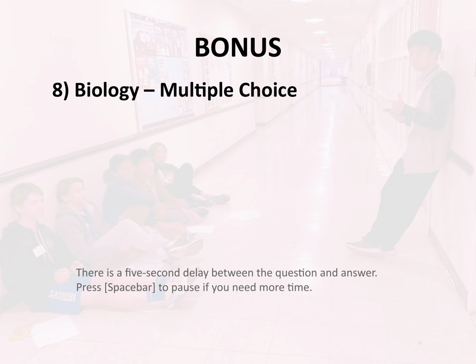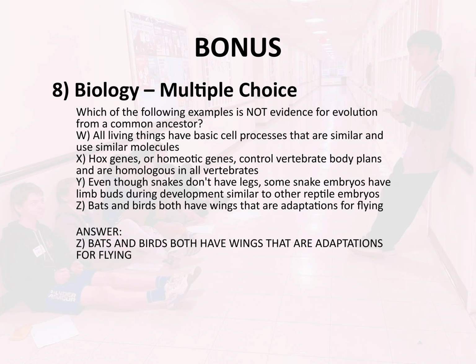Y. Even though snakes don't have legs, some snake embryos have limb buds during development similar to other reptile embryos. Z. Bats and birds both have wings that are adaptations for flying. Answer: Z. Bats and birds both have wings that are adaptations for flying.